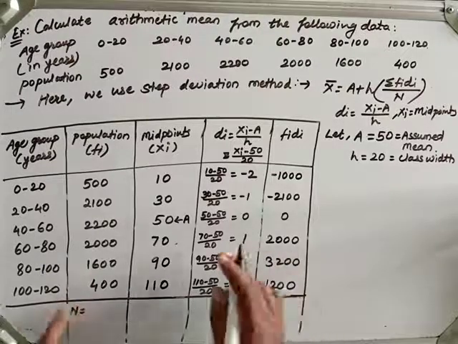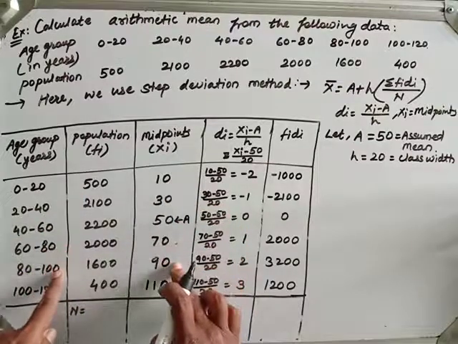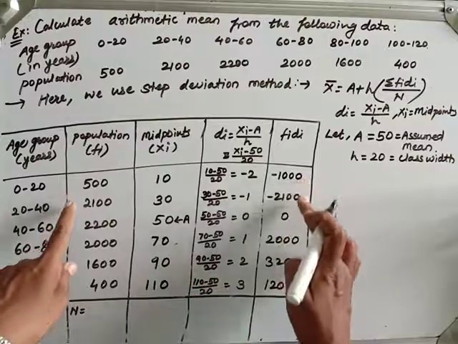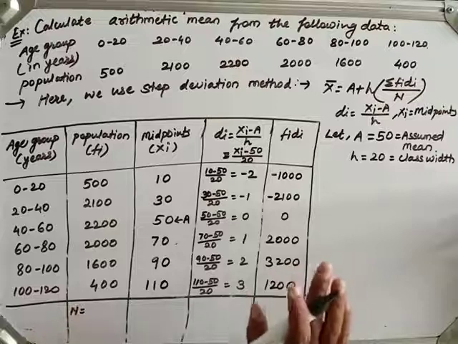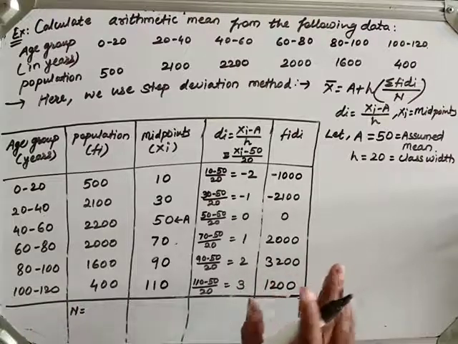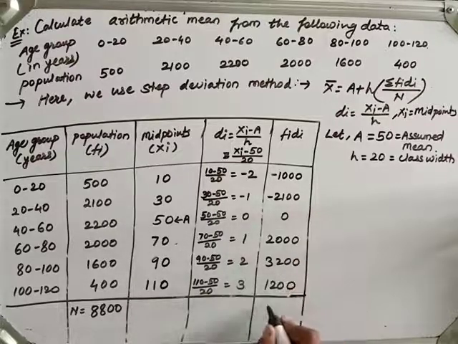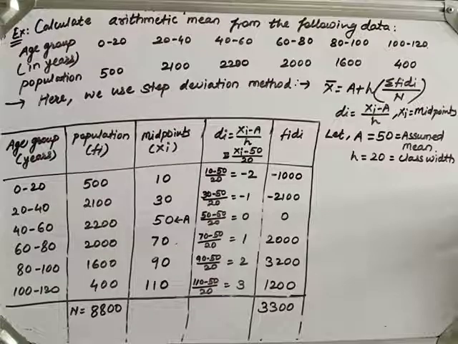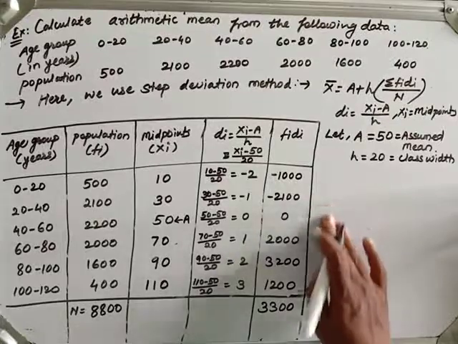Now these values could otherwise be in 10,000s or lakhs sometimes, but these remain in 1000s. So the addition and subtraction will be easier than with bigger values. Fine. Now this summation N is how much? 8800. And this summation fidi is how much? 3300.